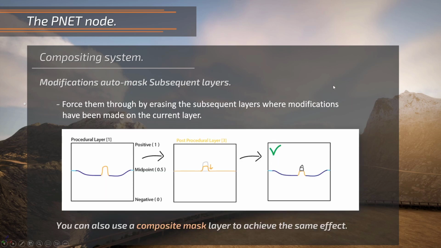On the other hand, we can do the opposite. Like I said, we can basically push through our changes and make subsequent layers ignore that. You can also use the composite mask in this context.